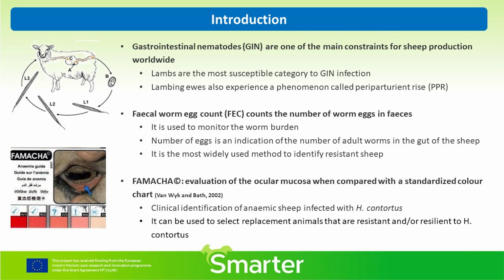It's a clinical identification of anemia that might be related to other reasons, but in case it is due to parasite infections, it is basically due to one species, Haemonchus, because Haemonchus produces anemia in the animals.